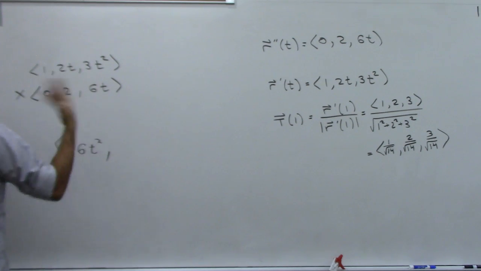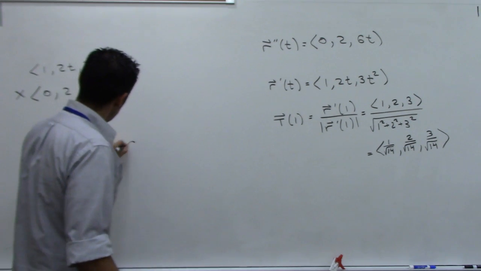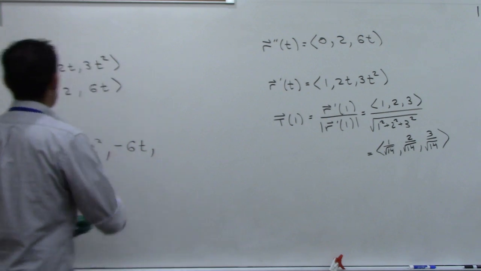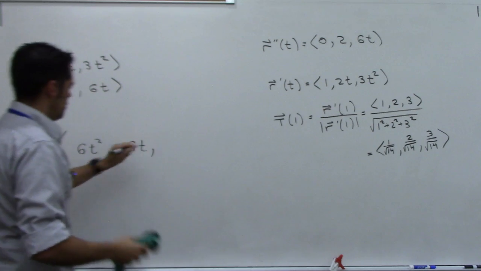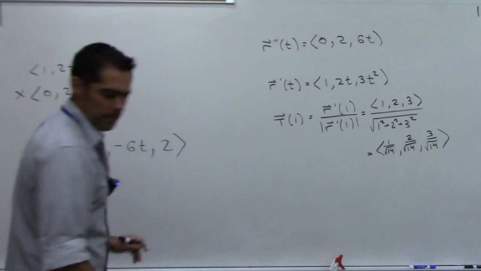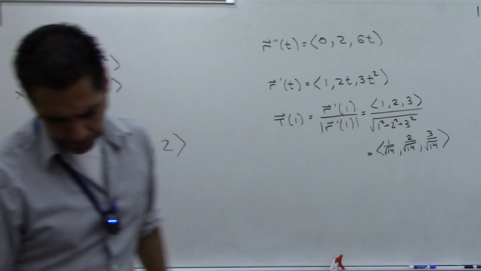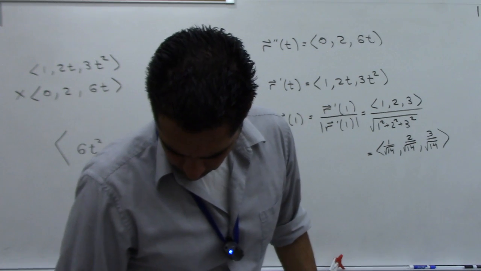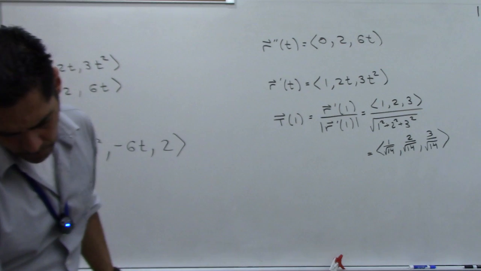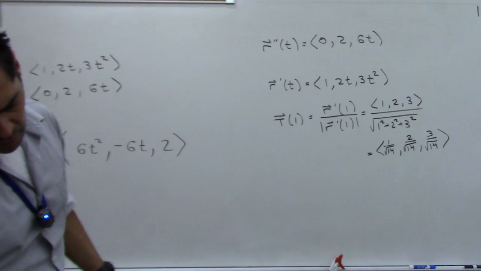So I have 6t, but then I subtract it, so minus 6t. And I cover up this one. 2 take away 0, it's just 2. All right. That's all I wanted.